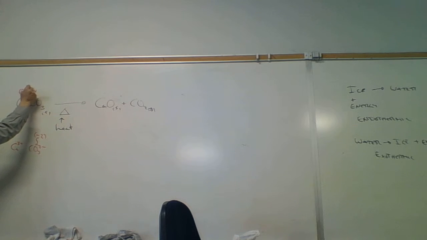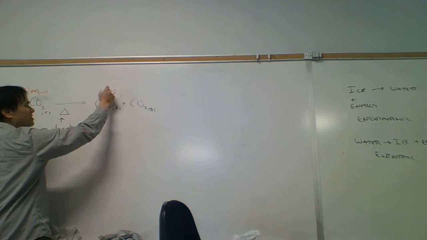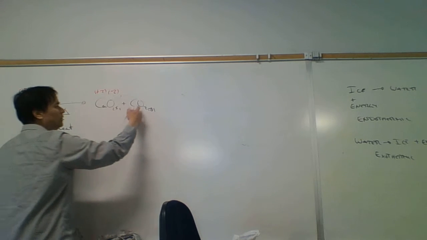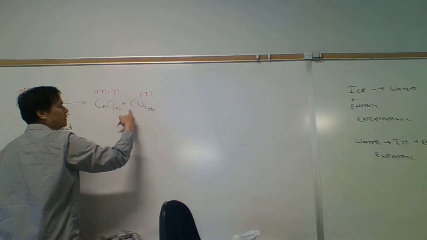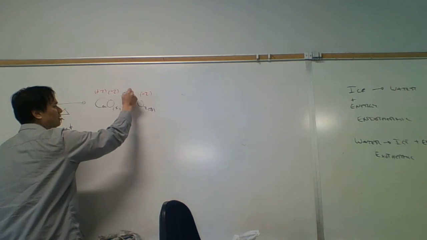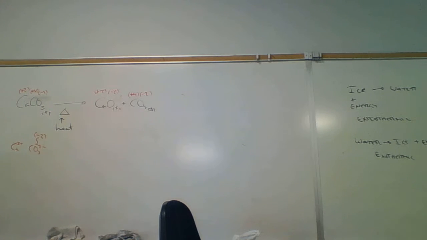So carbon's +4, oxygen's -2. Oxidation states are bookkeeping as well. We want to keep track of each atom's oxidation state. Over here, oxygen is -2, calcium is +2. Over here, oxygen is -2, carbon is +4. Actually, this is calcium, sorry, not carbon.